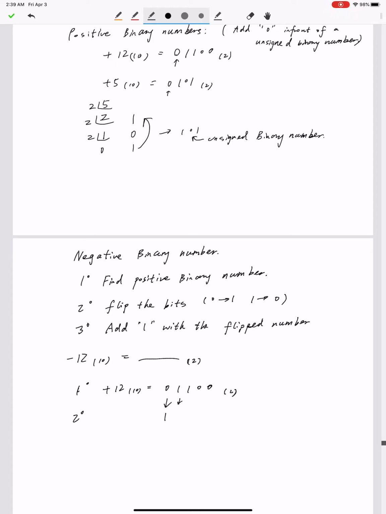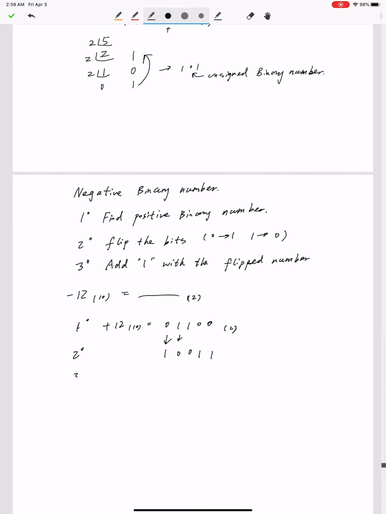Whenever we have 1, we change that to 0. So the result after flipping the bits is 1, 0, 0, 1, 1. Okay. So the third step is add 1 with the flipped number. So this is the flipped number. And here we need to sum this number with 1, and the result is minus 12 in binary representation.